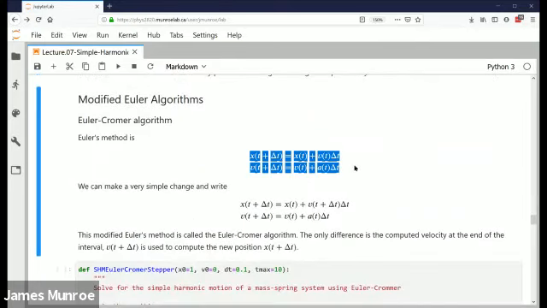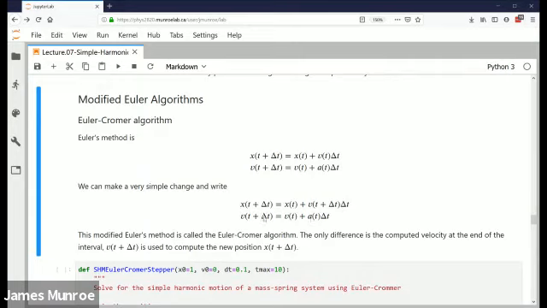This is the Euler model. The Euler model says to figure out the position at the next time step, you use the position at the current time step and add the velocity times delta t. To figure out the new velocity, you take the old velocity and add the acceleration at the current time step times delta t. What we're going to do is make one small change. We're going to use the velocity at the end of the interval to calculate the position.